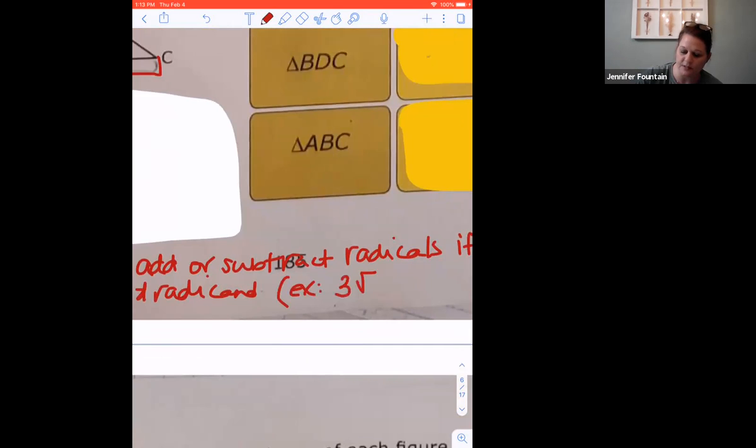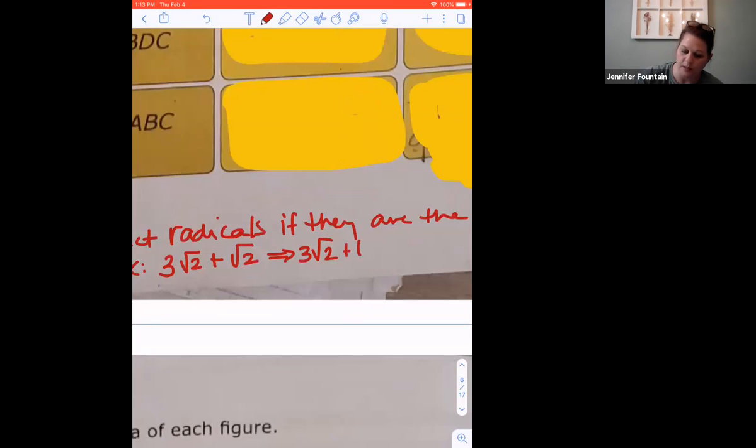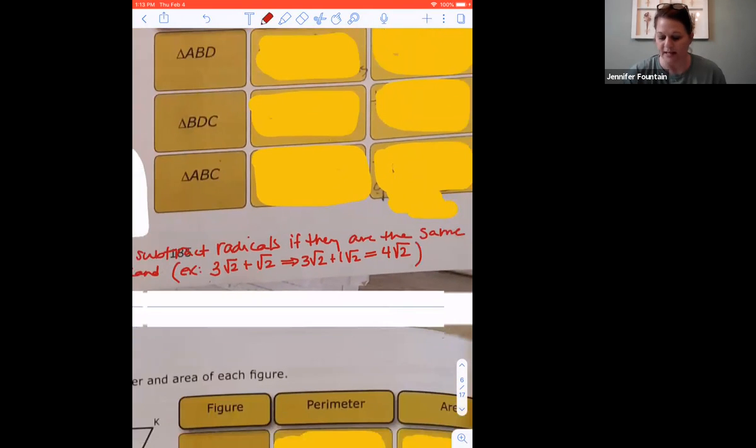So my example of that would be 3 times the square root of 2 plus the square root of 2. Remember, that's the same as 3 times the square root of 2 plus 1 times the square root of 2. So that would equal 4 times the square root of 2. I add the numbers before the radical and keep the radical the same.